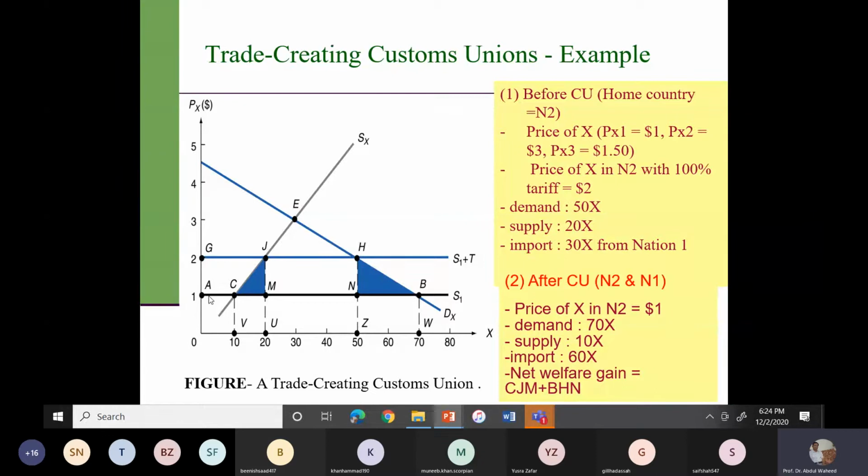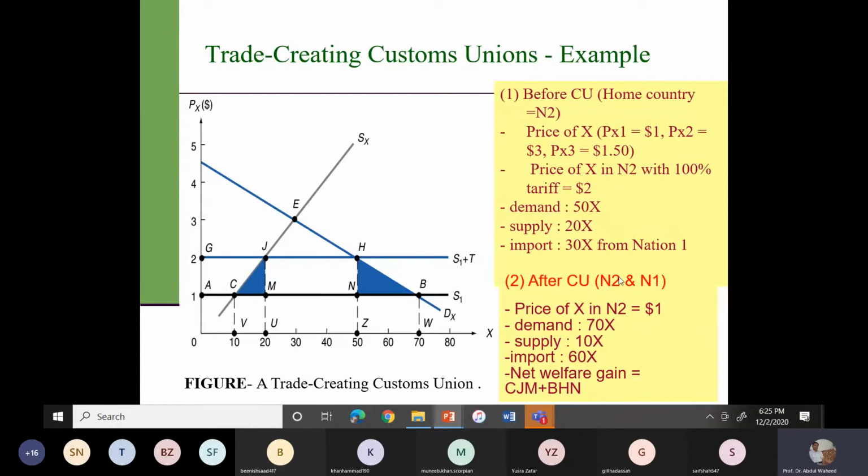Then the domestic demand is 70 units, domestic supply is 10 units, and imports increase to 60 units. So there is trade creation: before the customs union the imports were 30 units, and after the formation of the customs union with nation 1, imports are 60 units.